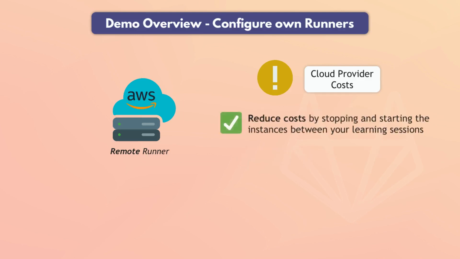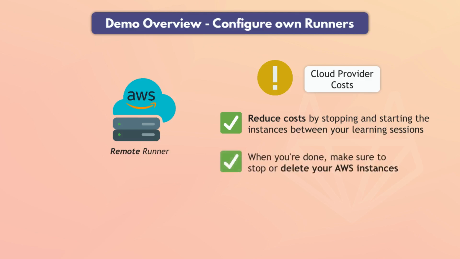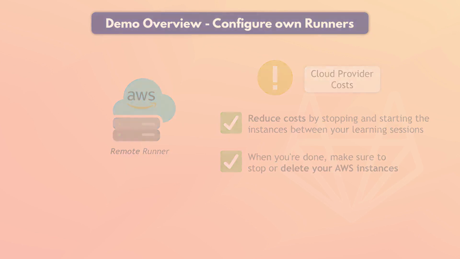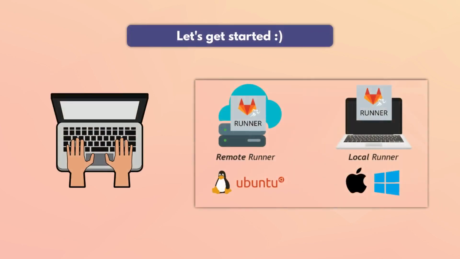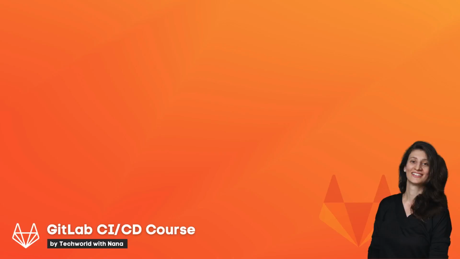If you want to reduce the cost, you can stop and start the instance in between the learning sessions, because on AWS, at this moment, you are not charged for an instance which is not running. And of course, when you're done with the course, make sure to stop and maybe even delete the instance to avoid any further costs. So with that, let's go ahead and configure local and remote runners.